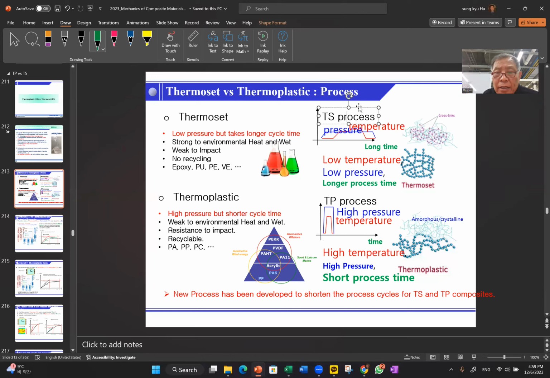The thermoset process, we always need to apply temperature and pressure.